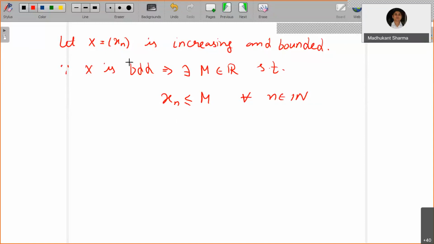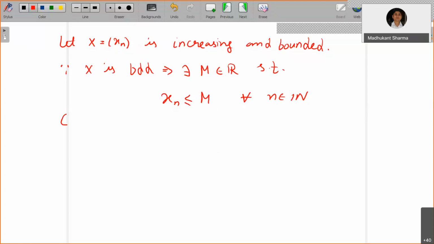Now, see, this is a set. The sequence is also a set, which is a countable set, which is non-empty and has an upper bound. Every member is less than or equal to some real number, so every member is bounded below that. So what does it mean?